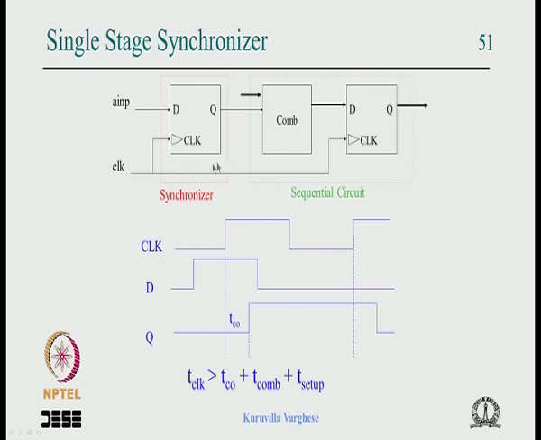The use of a synchronizer will add a latency, so it will be detected by the sequential circuit only after a clock, and that also necessitates that the input pulse width should be more than one clock period wide, to be able to properly propagate here. So this is how the synchronization is done.